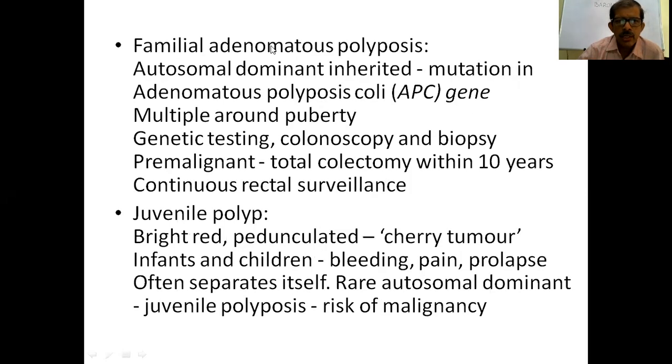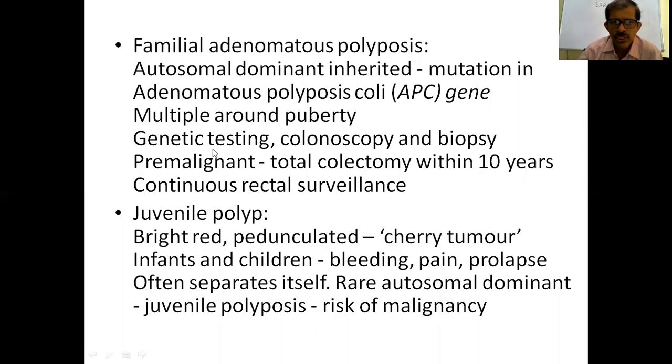Then you have another one called familial adenomatous polyposis. This is in the colon, you might have heard about this, with a lot of malignancy potential. It is autosomal dominant, and it is mainly due to mutation in the APC gene, called Adenomatous Polyposis Coli gene. It starts around puberty, with multiple polyps, even hundreds or thousands.